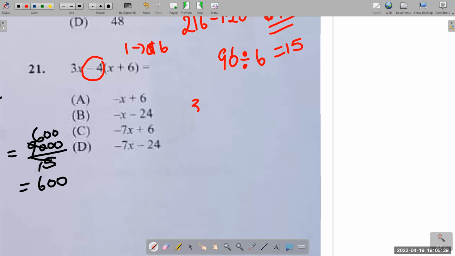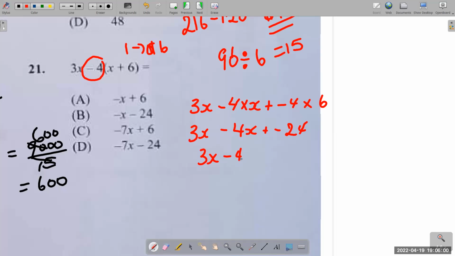So it's 3x minus 4 times x plus -4 times 6. You get 3x minus 4x plus -24, which is 3x minus 4x minus 24. 3x minus 4x is -x minus 24. So the answer is B.